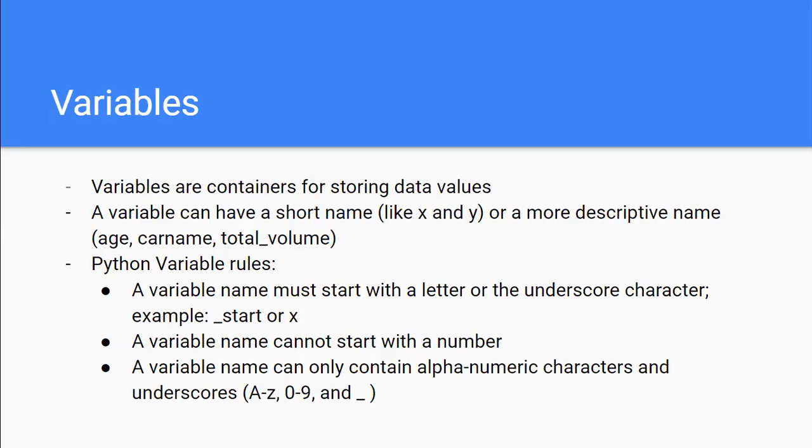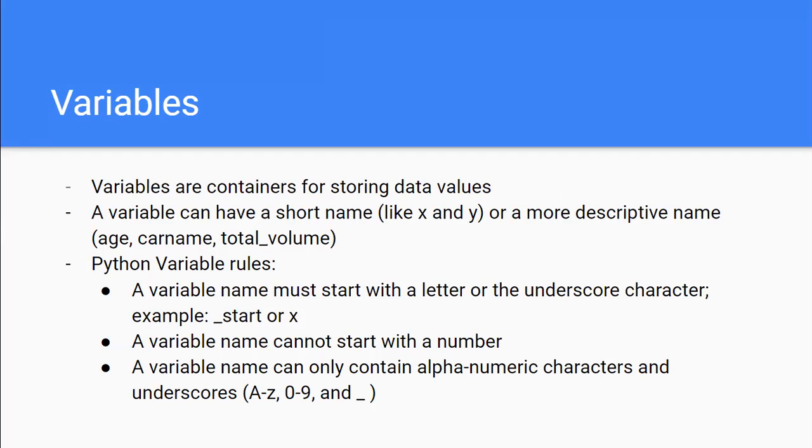All right, so variables. Now we'll be going over variables. Variables are containers for storing data values, okay? Variables can have short names like X, Y, Z, A, or more descriptive names like words such as age, car name, total underscore volume.